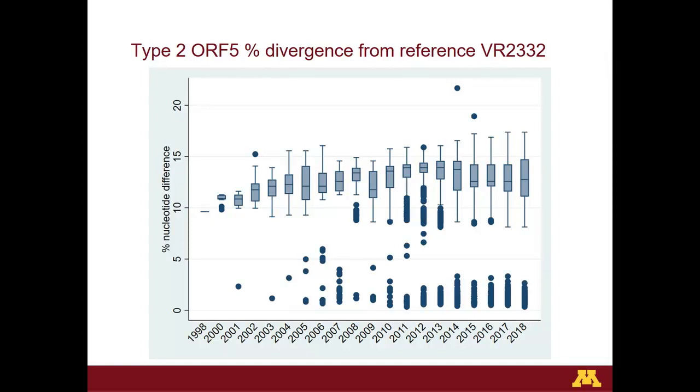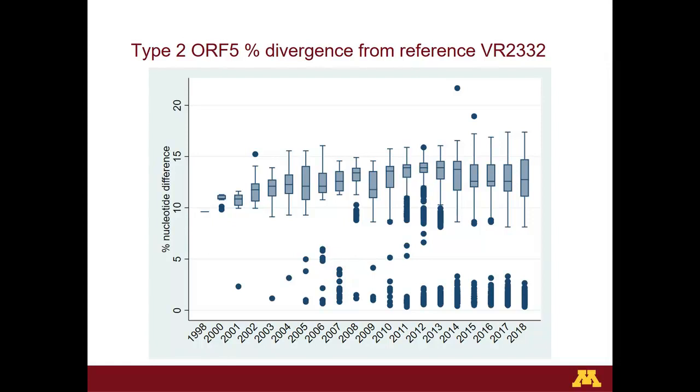Here what we are plotting is the percent nucleotide difference from each unique sequence to that reference. We can see here that most of our data is from 2005 onwards. On the box plots, it seemed like the percent nucleotide difference is increasing a little bit over the years.